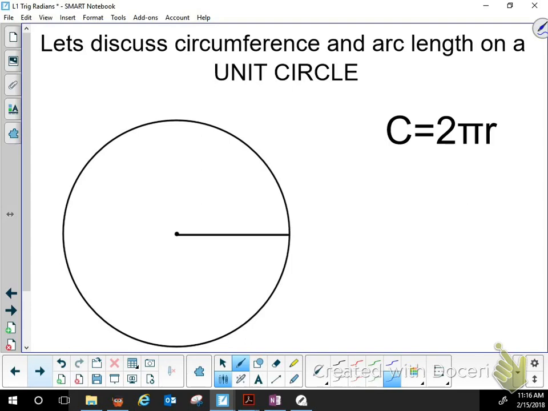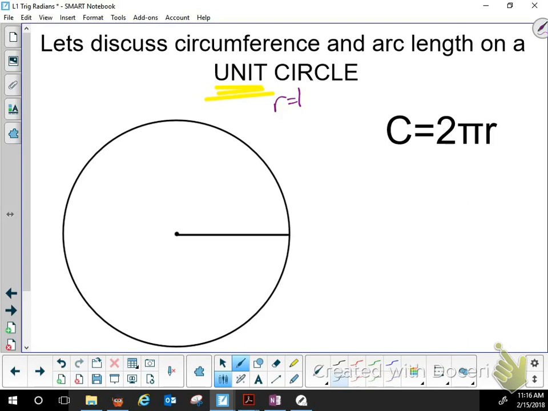Now, let's discuss circumference and arc length on a unit circle. The unit circle is very important in trig. We're going to start with what a unit circle is. Something is called a unit for a reason. That unit is the radius. And how big is a unit? 1. So a unit circle specifically has a radius of 1.